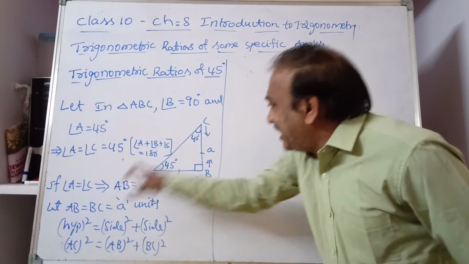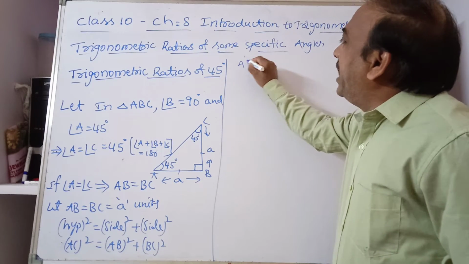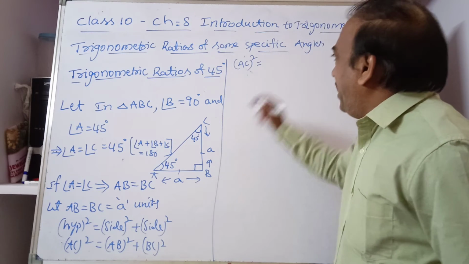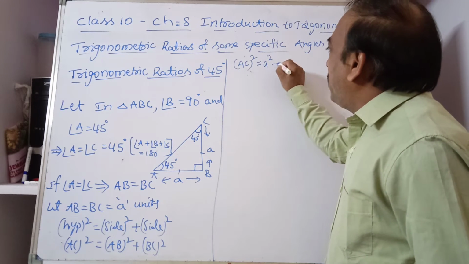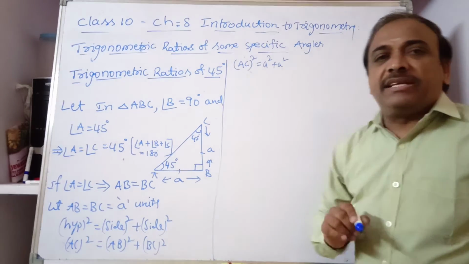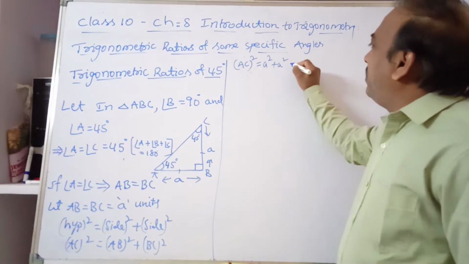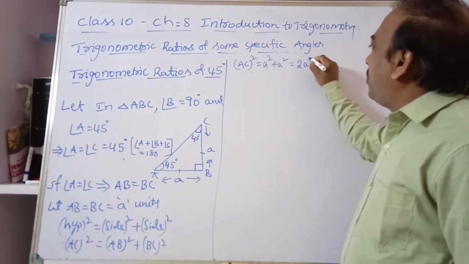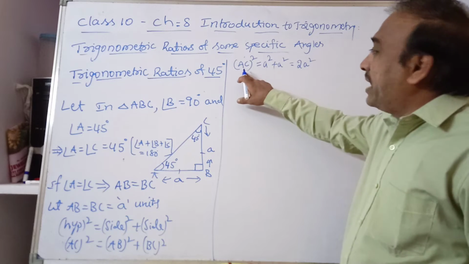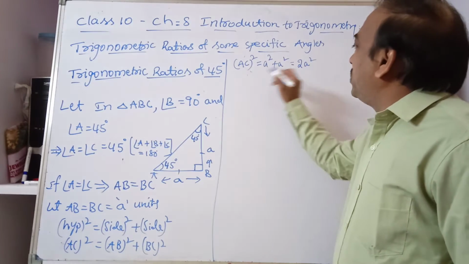One side AB is A, so A square, plus BC is also A, so A square. A square plus A square is 2A square. AC square is equal to this.